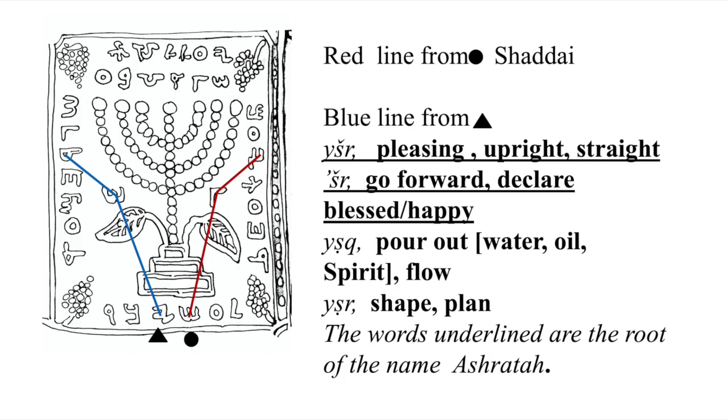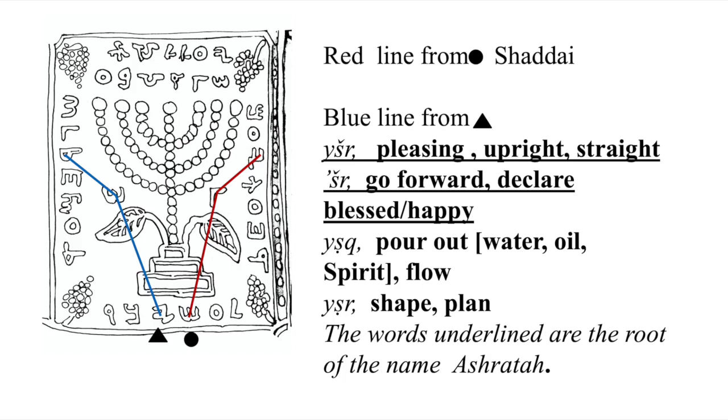That's a huge giveaway. And then if you change the R to the Q, remember it's a double letter, you have pouring out water or oil or the Spirit or flowing, there it is again. Or it can be Yatsar, and then it's shaping or planning.